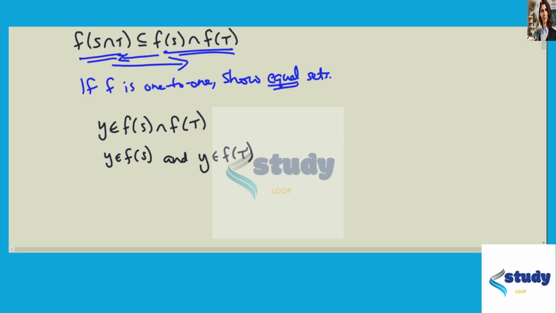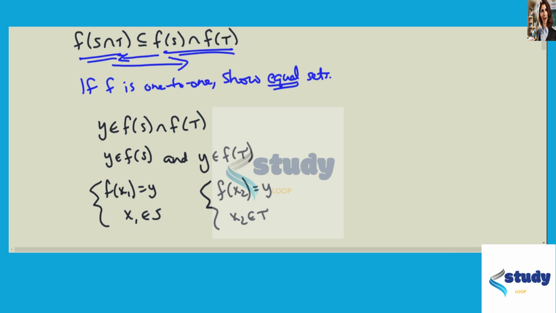If y is an element of f of S, then there exists some value, we'll call it x sub 1, that's in set S, so that f of x sub 1 is y, and x sub 1 is an element of S. We also know for the second one, we'll call this one x sub 2. There exists an x sub 2, where the output of that function is y, and x sub 2 is going to be an element of T.